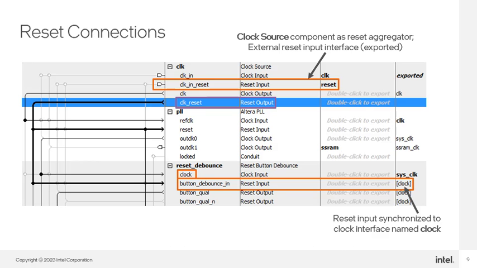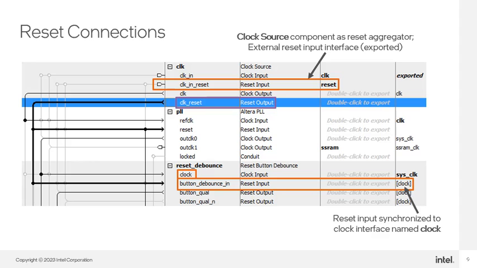See the Intel Quartus Prime Platform Designer User Guide for details on these components. In the example shown here, resets are being hooked up manually. The reset input interface of the clock source component is exported to connect to an external reset signal. The reset output interface of the clock source component is connected to the reset input interfaces of components in the rest of the system. The reset bridge component in the Pro Edition functions the same way.